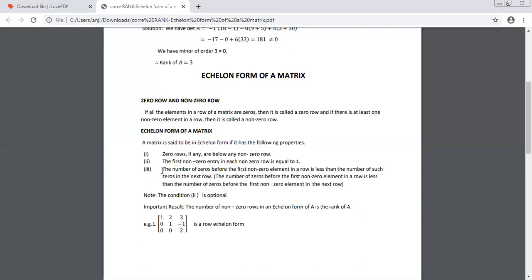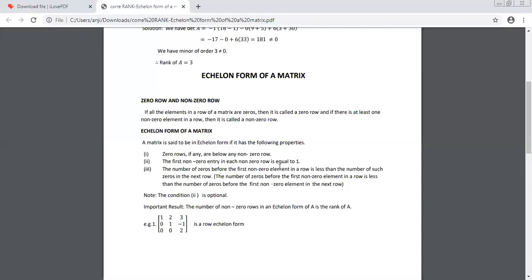The number of zeros before the first non-zero element in a row is less than the number of such zeros in the next row. To apply this condition, first you have to identify the first non-zero element in a row. This is the keyword.